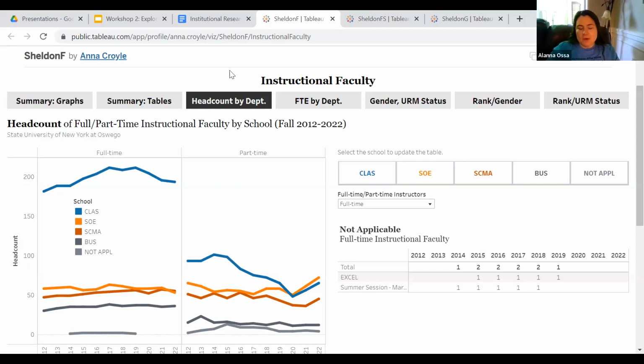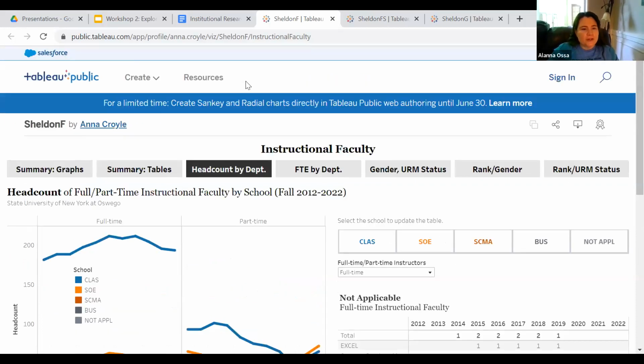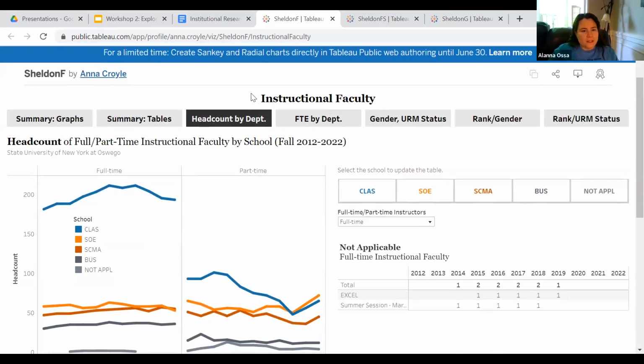Actually, on Liz's point, I have a question too. When you're counting, what I see here is full-time instructional faculty, and then you have another thing that shows faculty and staff. Now, some of the staff are teaching classes now. Are they counted?